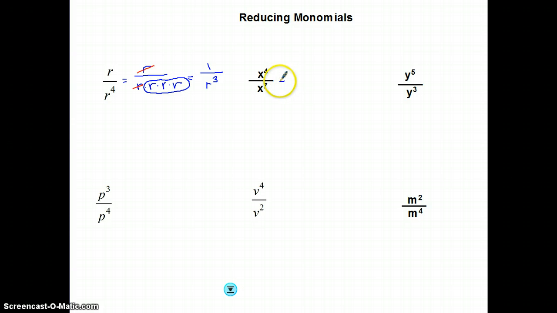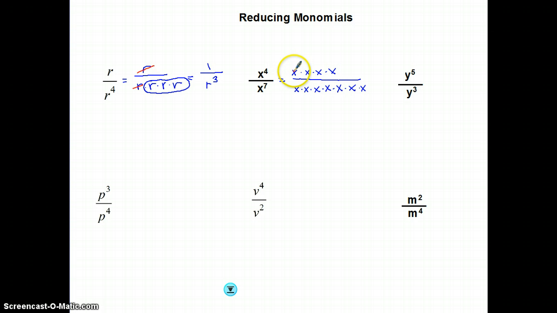Similarly to the right, x to the fourth can be written x times x times x times x, while x to the seventh can be written as x times x times x times x times x times x times x, 7 times.